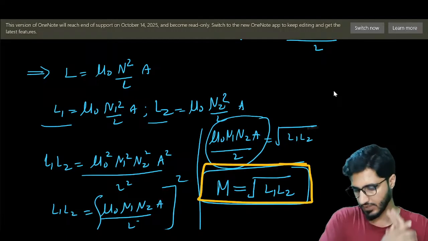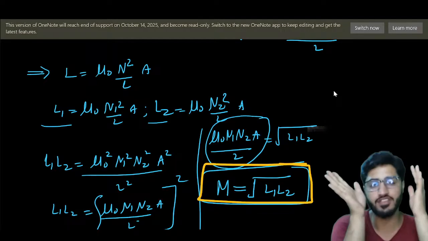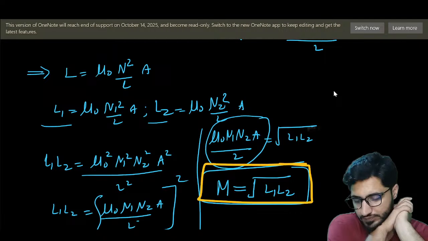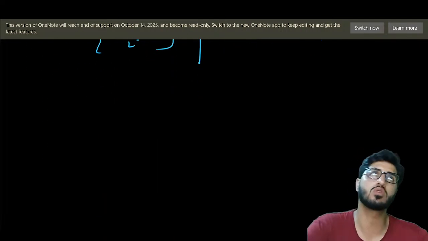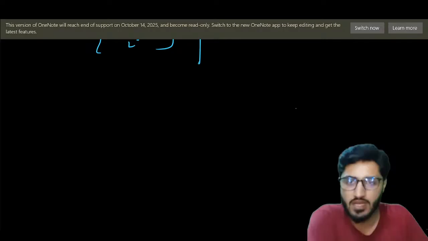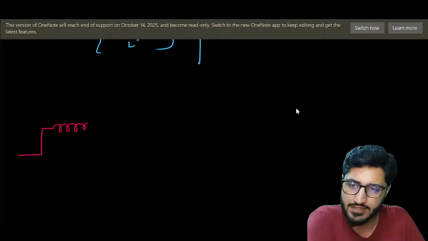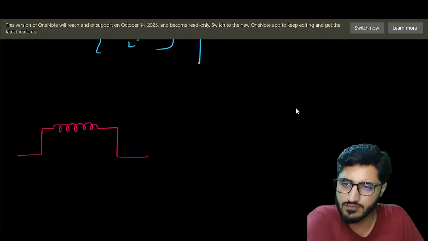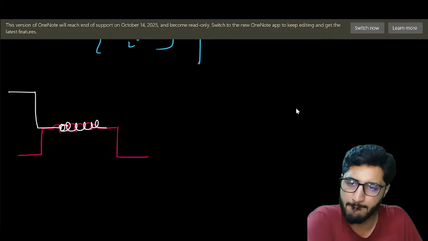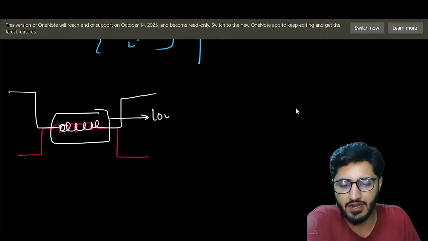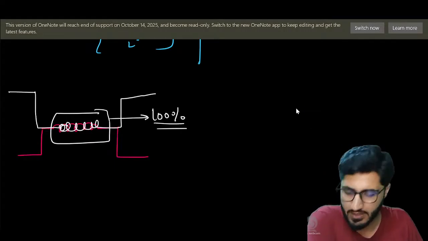Okay. So look, the only formula that you need to remember for this derivation is M equals to under root of L1 L2. Now, I'm just giving you one more concept. Look, if we are having one coil like this, one more coil, you can see here now it is 100% coupling.